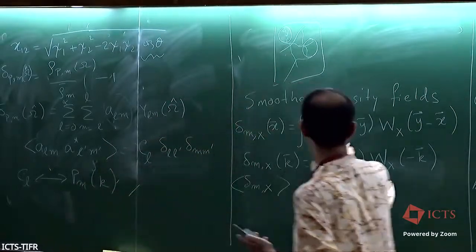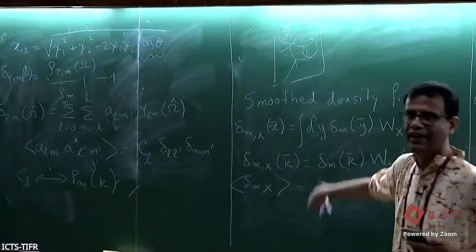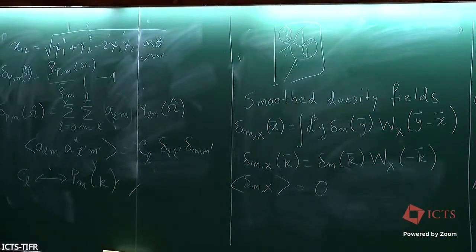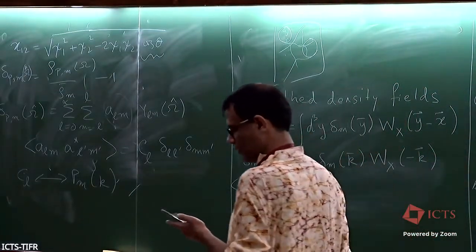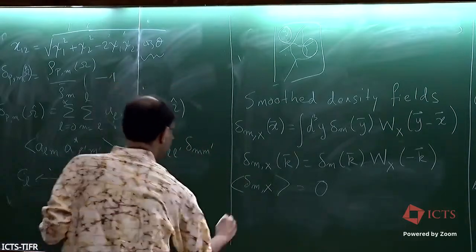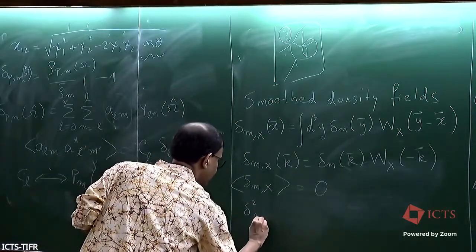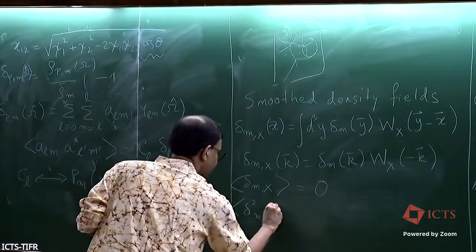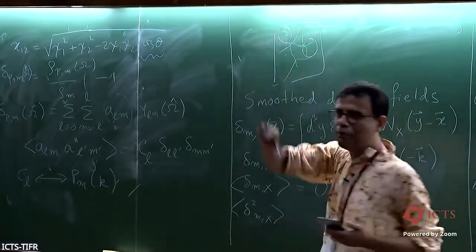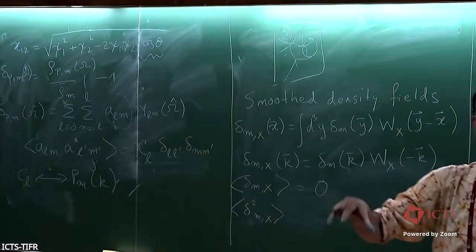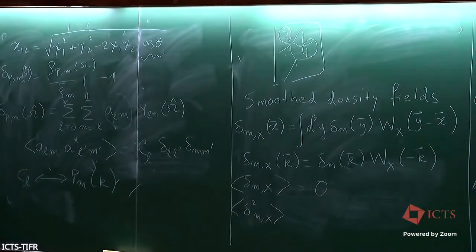Because if you do the ensemble average, it will go and sit here and it will be 0. So then the question is, what is this quantity? That will tell you the typical values you will get in each realization. If you average over realizations, it will go to 0. But in each realization, you will get plus something, in another realization you will get minus something, and so on. But what are the typical values you get?